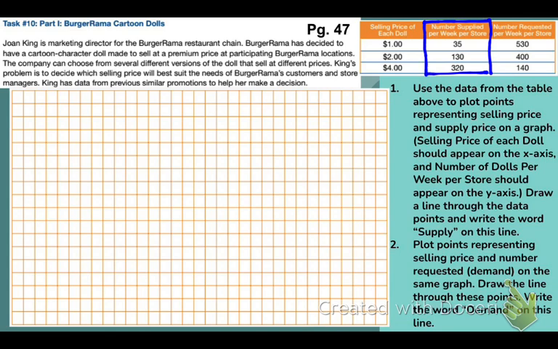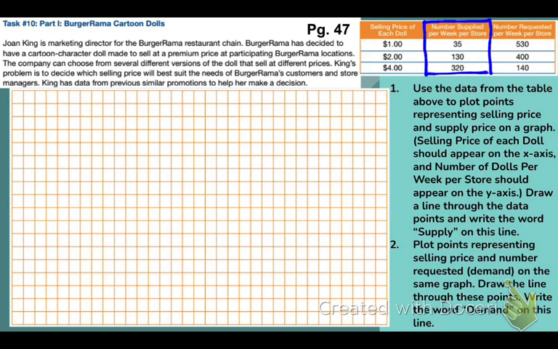So that's our supply, is that if we're selling our dolls, we want to be selling more the more it costs. So in our column, as our selling price goes up, the amount that is in the supply is also going up.